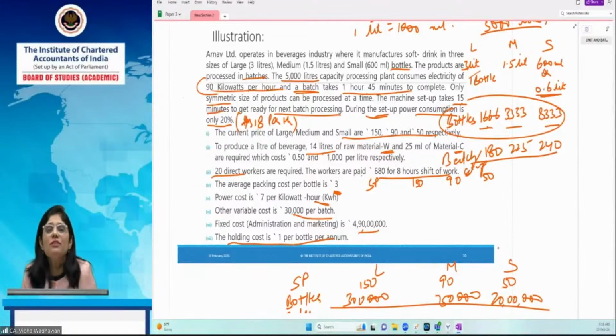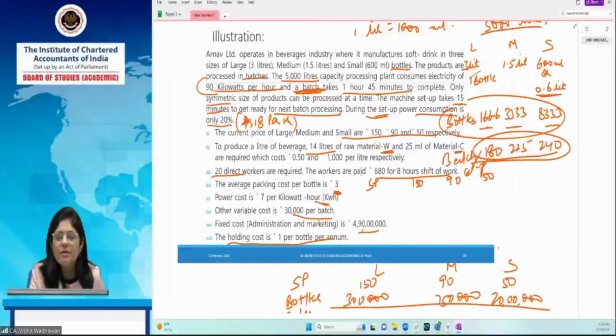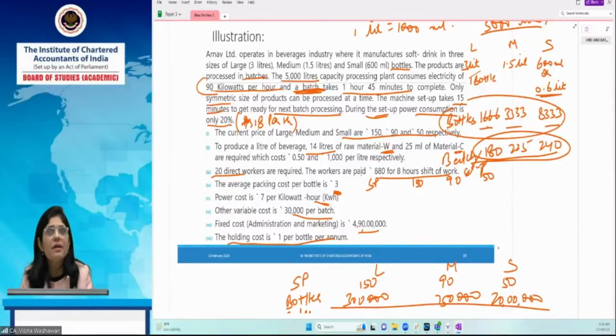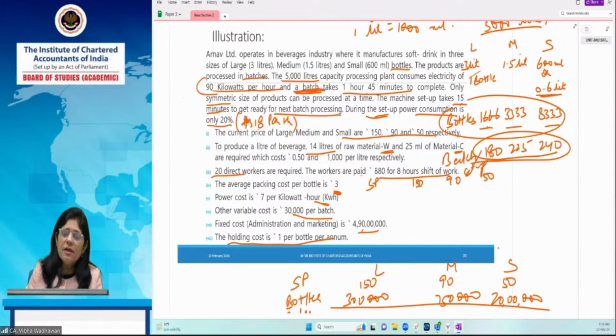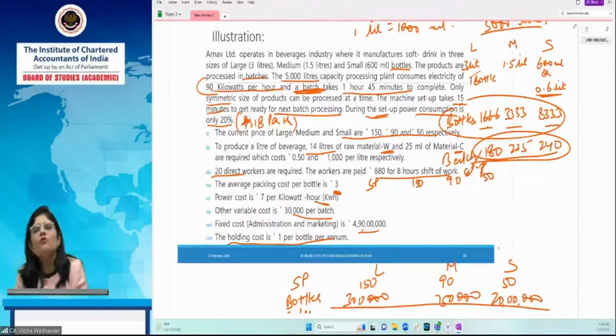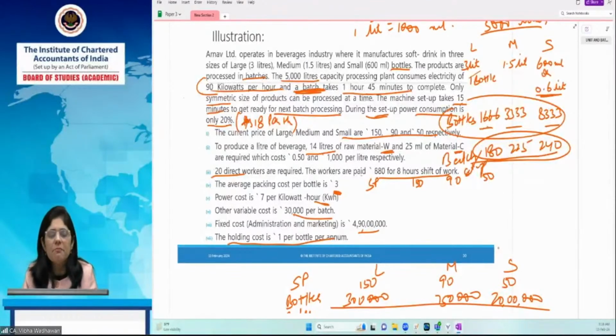So how many batches are we using? These many batches. See, the time is given per batch, not per liter. Material we have to do per liter, but the labor we have to do per batch, क्योंकि time per batch है, per setup है. So 2 hours it's taking, 1 hour 45 minutes and 15 minutes.